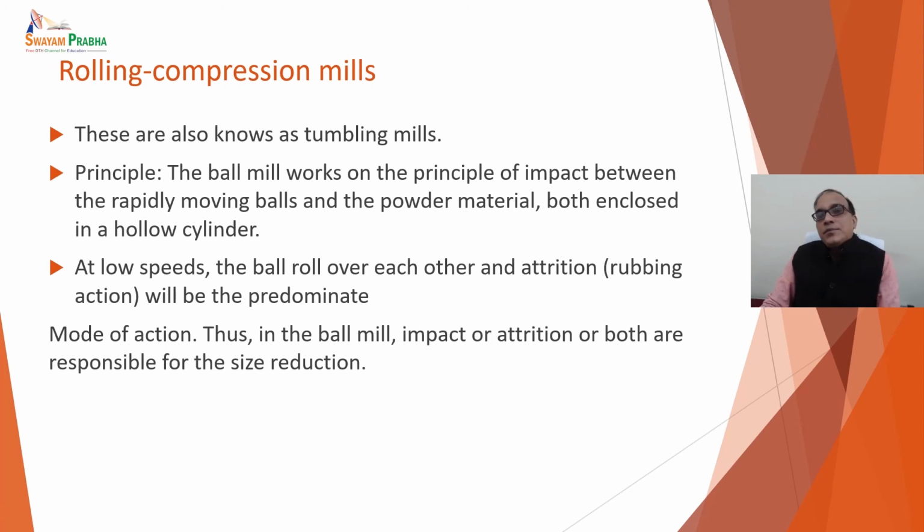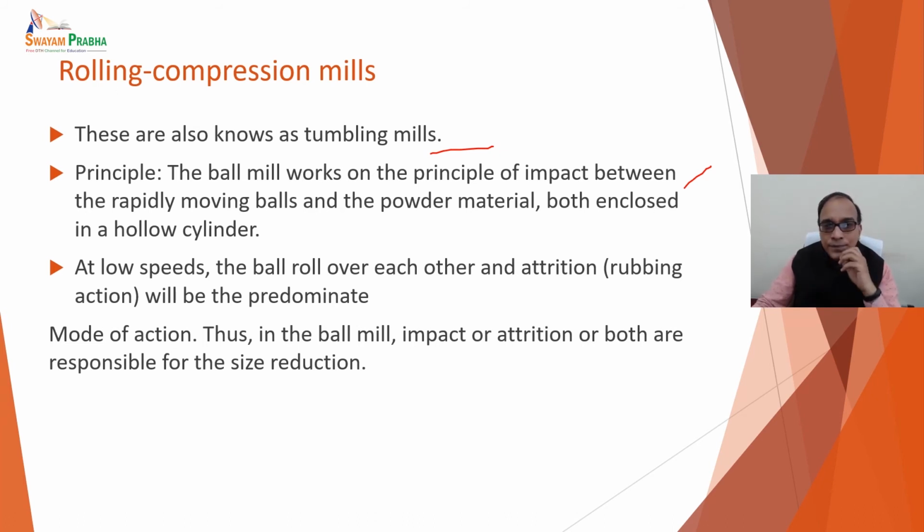Rolling compression mills. These are also known as tumbling mills. What is the principle of these machines? The ball mill works on the principle of impact between the rapidly moving balls and the powder material, both enclosed in a hollow cylinder.